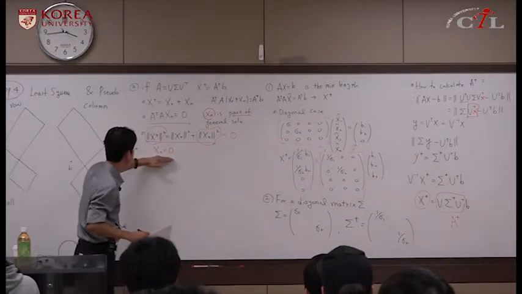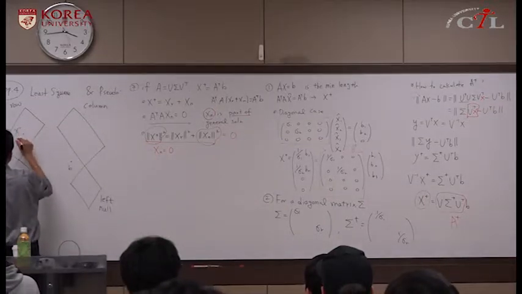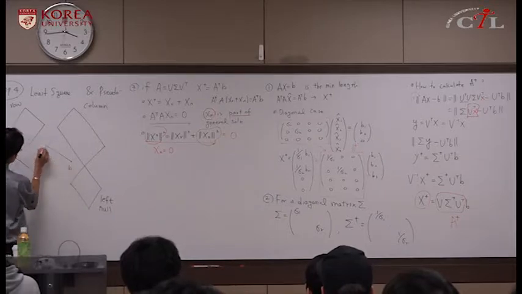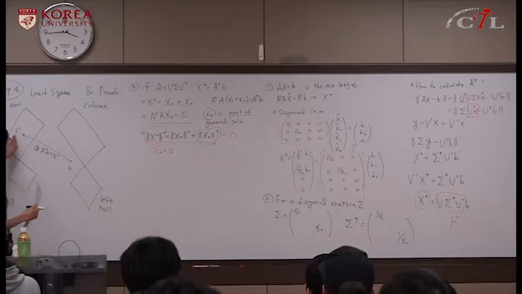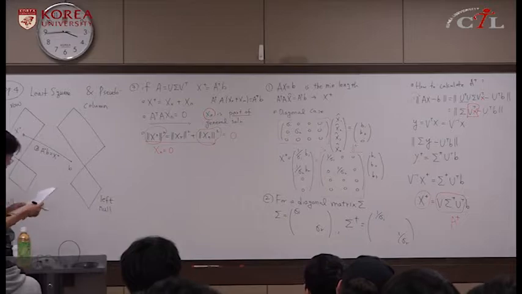For that X pseudo, the null space component is nothing. So X pseudo should be in the row space because there is no null space component. So I may draw 3: A pseudo B goes to X pseudo in the row space, as there's no null space component.